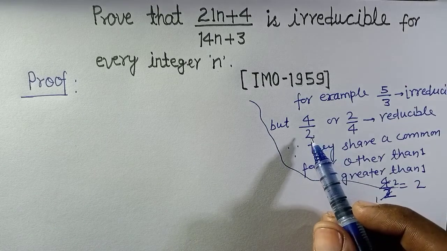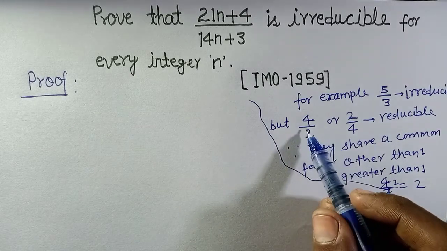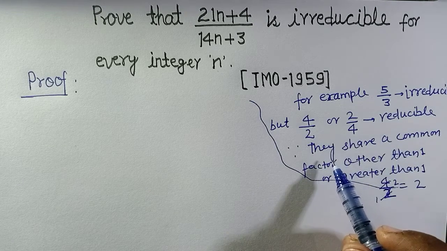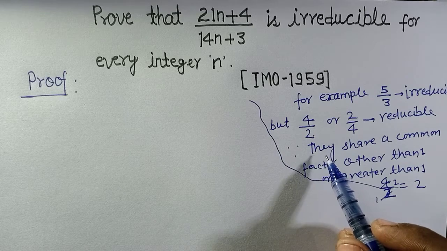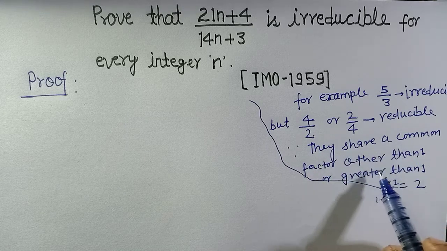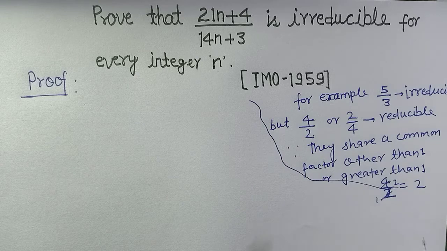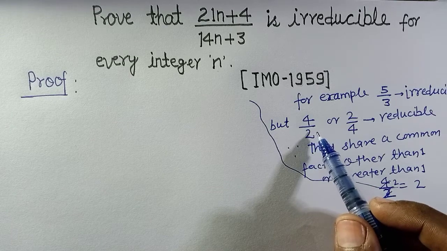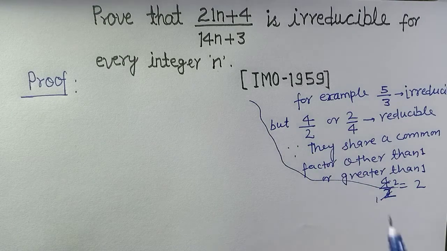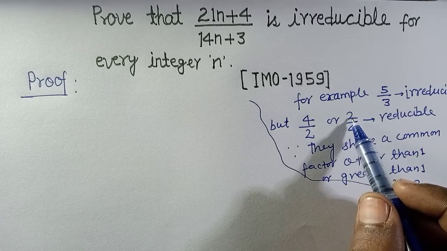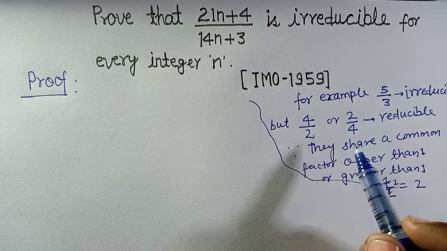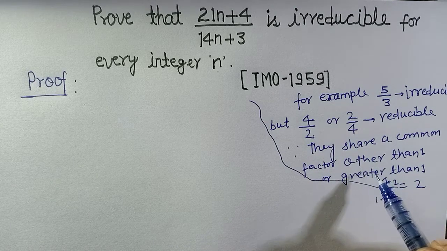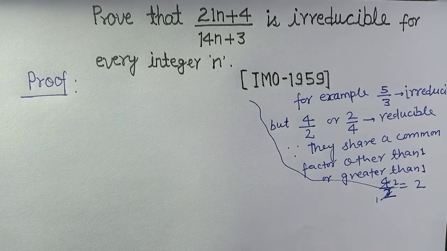As we have shown here, 4 over 2 or 2 over 4 is a reducible fraction, since they share a common factor greater than 1. Here 4 over 2 shares a common factor 2, which is greater than 1, and in 2 over 4, 2 also shares a common factor which is greater than 1. So this is the idea.